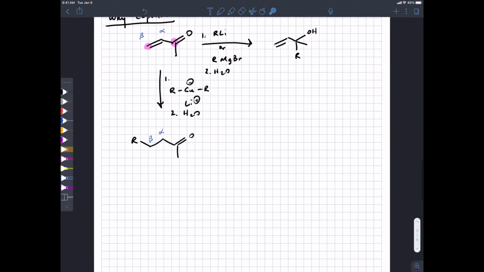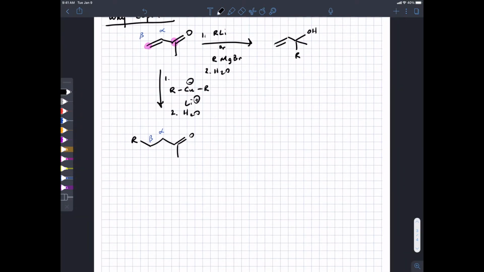A second difference has to do with how these reagents react with carboxylic acid derivatives. In particular, acid chlorides is sort of the only one we're going to worry about. With Grignard reagents or organolithium reagents, it turns out that, as you would expect, the mechanism of this reaction is similar to reduction.